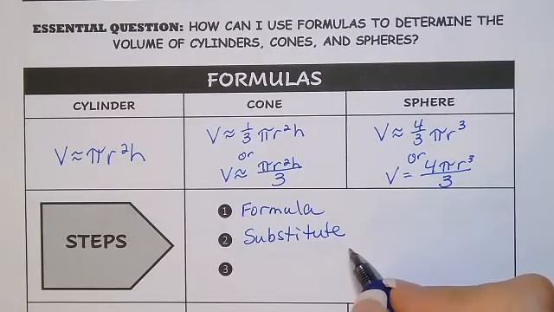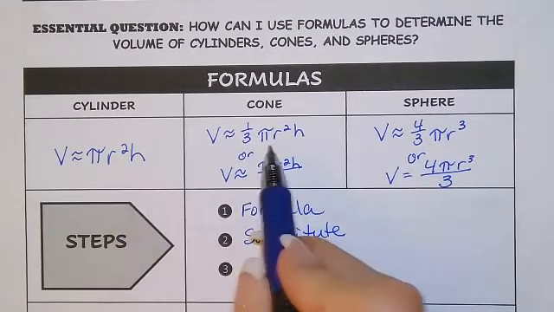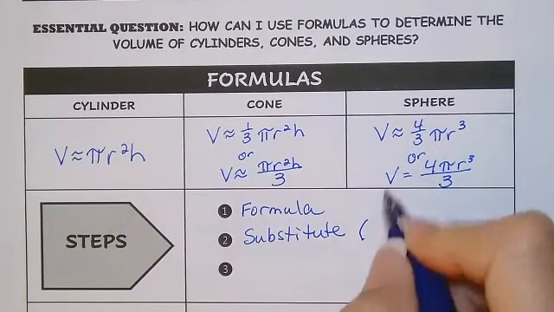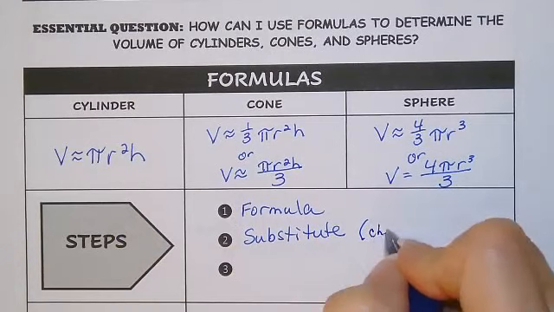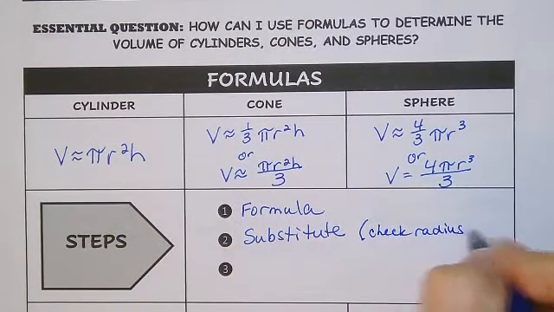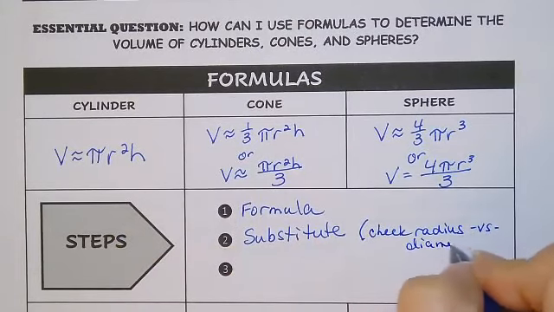Sometimes they'll give you the diameter, and what you need is the radius for each of these formulas. So in parentheses, write, check radius versus diameter.